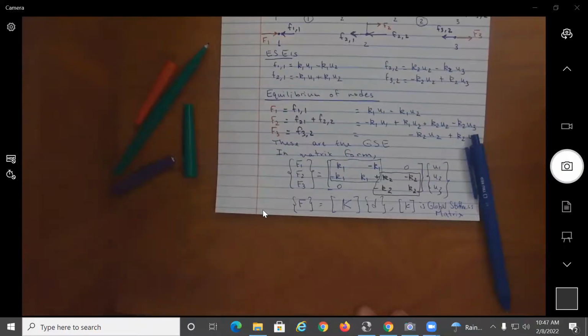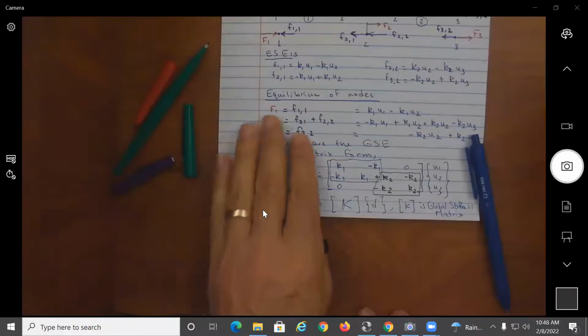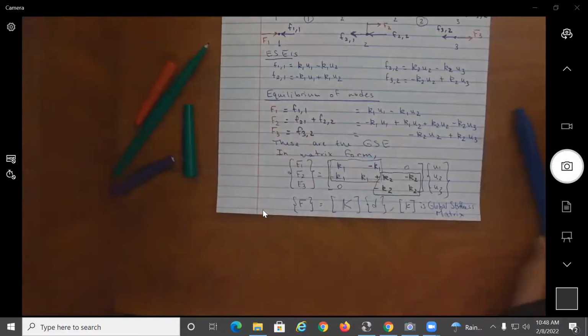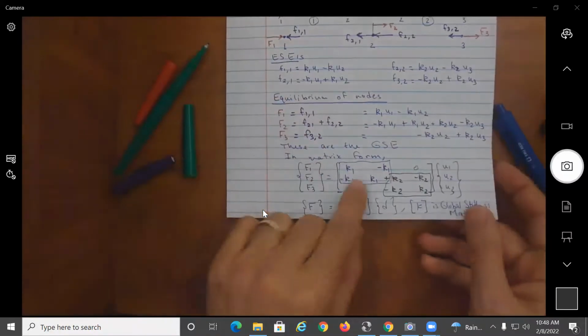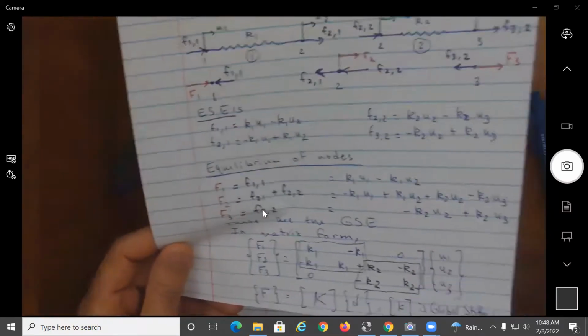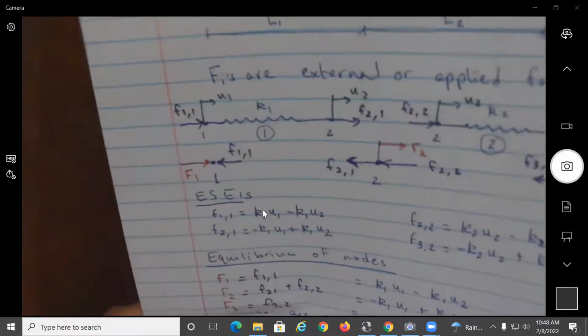So every time we analyze a system, I do not necessarily have to do the equilibrium of nodes, but I can assemble this global stiffness matrix using superposition or using the direct method.